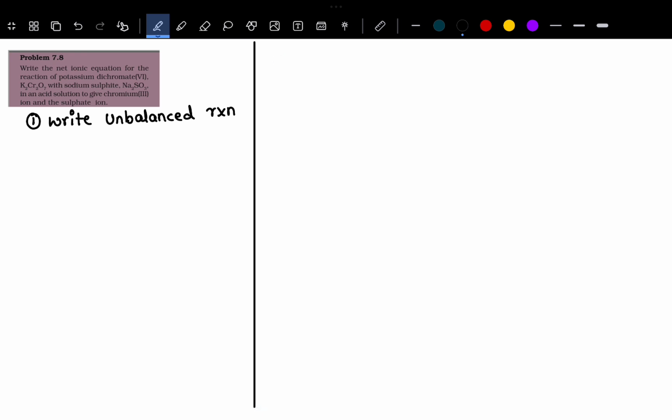So the first thing, writing the unbalanced reaction. From this question, we have potassium dichromate, that is K2Cr2O7, which can also be written as Cr2O7 minus 2. And then we have sodium sulfite, that is Na2SO3, which I'll write as SO3 minus 2, in an acid solution.